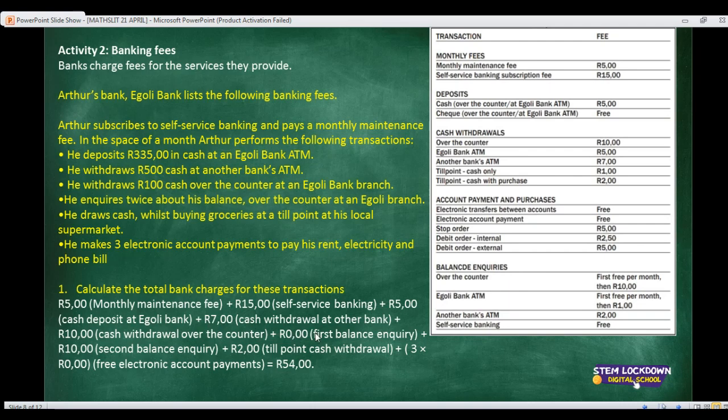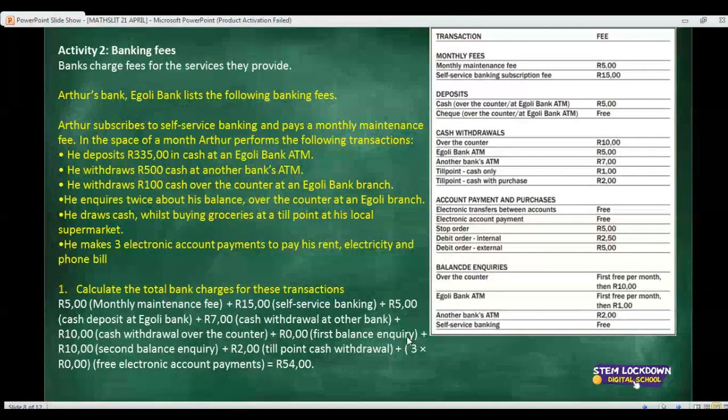Then there's 0 rands for the first balance enquiry. He inquired about his balance twice over the counter. So when we look at the information here, the balance enquiry, the very first one is free. So the first balance enquiry is free.